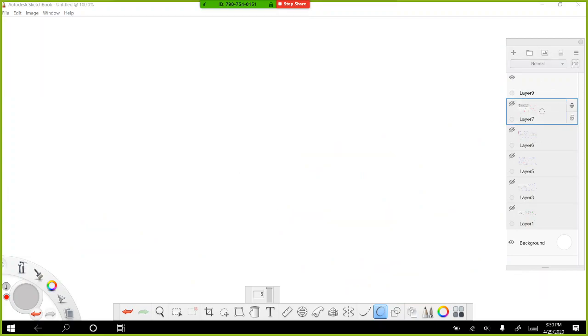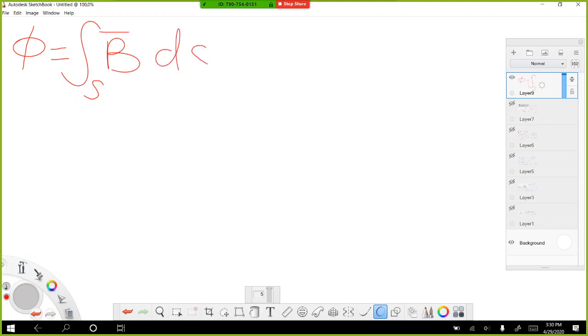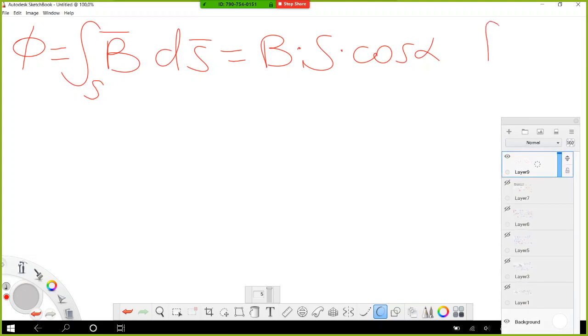Phi, the magnetic flux, we know, is equal to the integral over S of B dS, and it will be equal to B multiplied by S multiplied by cosine alpha, in Weber.